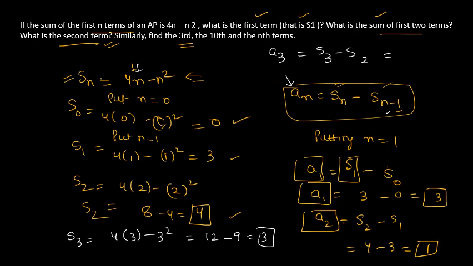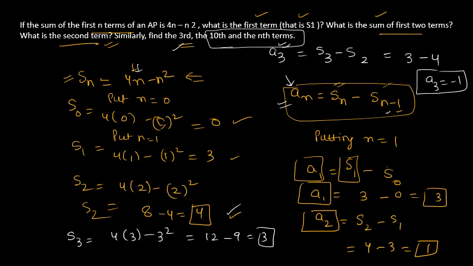So S3, that is 3, minus S2, which is 4. That means your third term will be minus 1. This part is done. Similarly, you can find as many terms as you want. If you have to find the nth term, that will be an is equal to Sn minus Sn minus 1. Correct? So how will you find this?